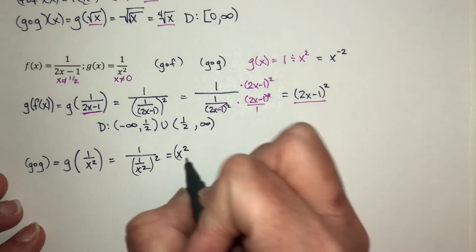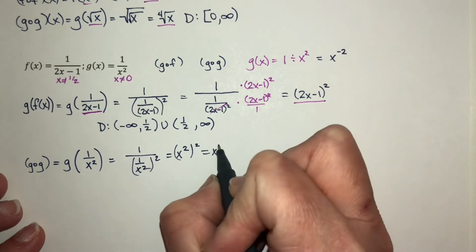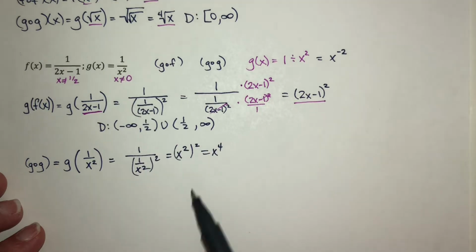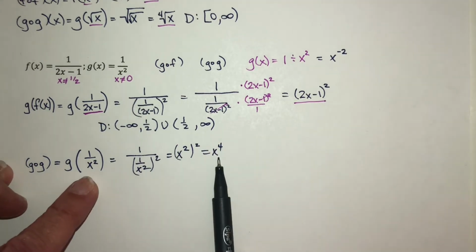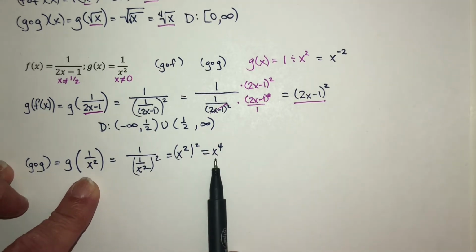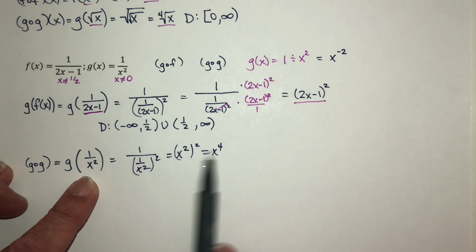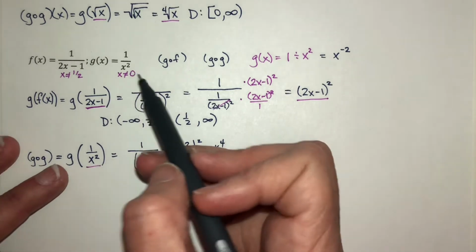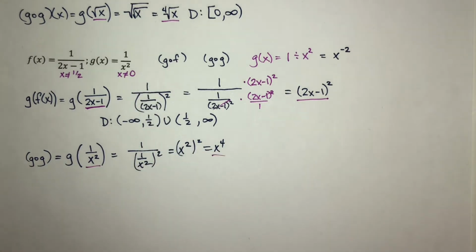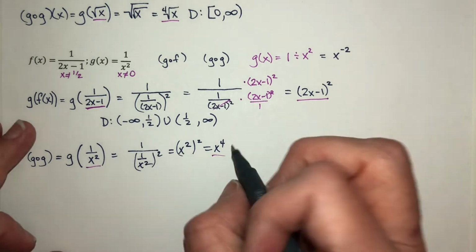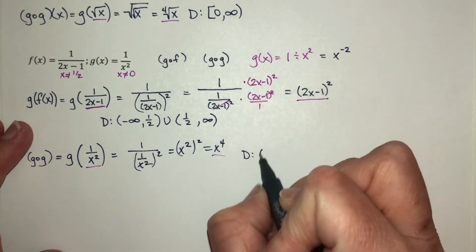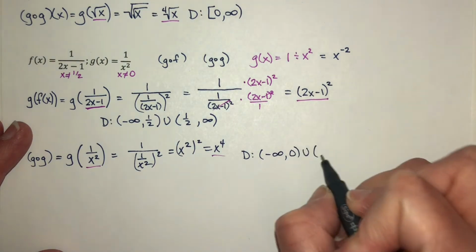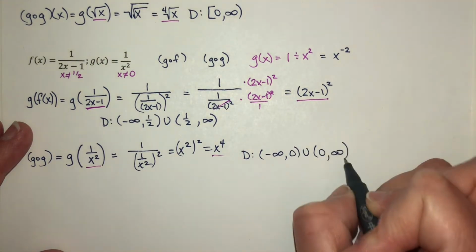Squared. Yeah, that was an important part. I had to square the denominator. Okay, so this is x to the 4th. X to the 4th, perfectly good. No issues with the domain here, but we do have to look here. And we are still not allowed to equal 0. So this domain will be from negative infinity to 0, union 0 to infinity.